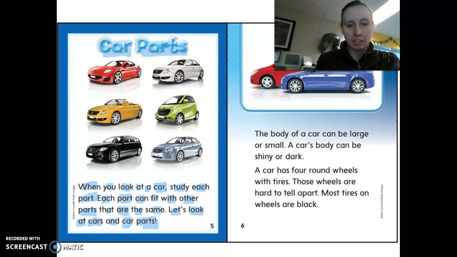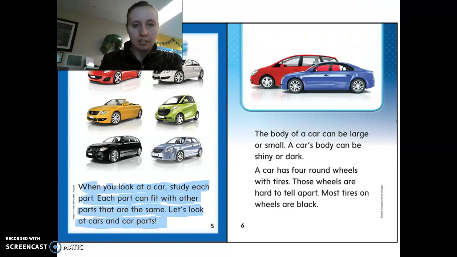Ready, together. When you look at a car, study each part. Each part can fit with other parts that are the same. Let's look at cars and car parts.